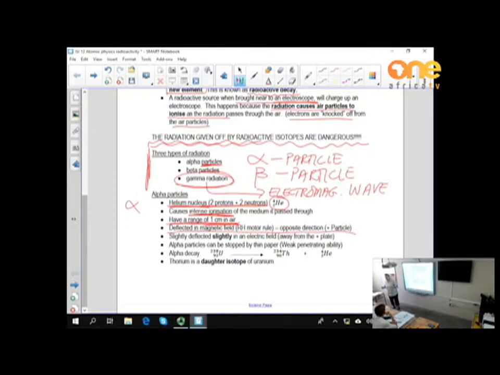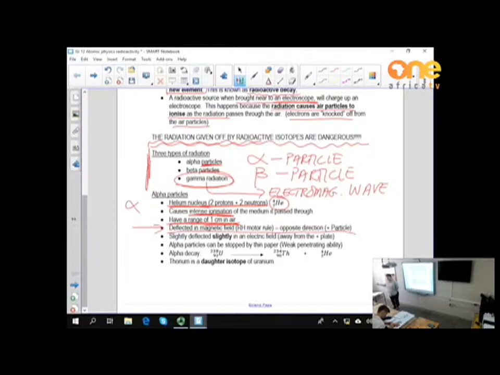Now, in a magnetic field, if I had an electron current, that particle would be deflected according to the right-hand motor rule. Are you with me? Now, I have a positive particle, so it's going to be deflected in the opposite direction. So we can say then, alpha particles will definitely be deflected in a magnetic field, and it's going to go in the opposite direction to electrons, because electrons are negative.